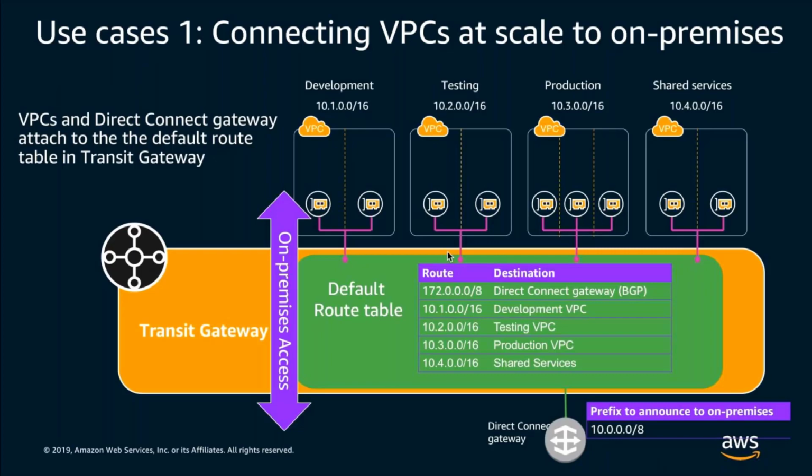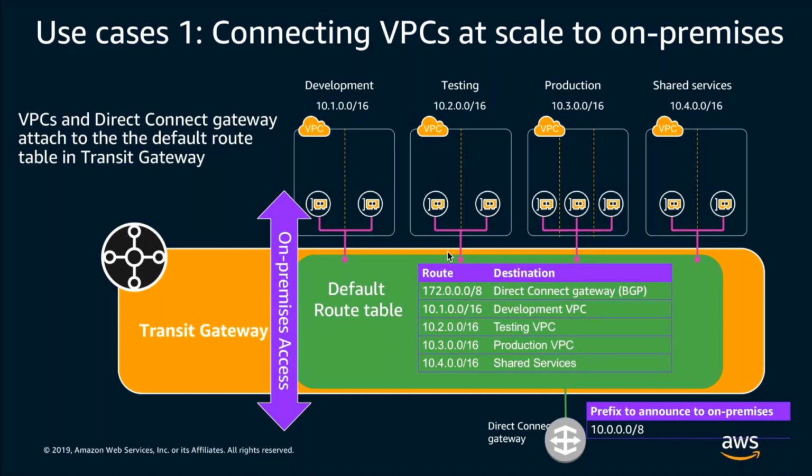So now after you have created your transit gateway, you created your AWS Direct Connect gateway, and you have stitched them together, let's talk about use cases. Here's the most common use case: connecting VPCs at scale to on-prem. In here you have a large number of VPCs, whether you're segmenting your VPCs one per user or one per department, or however you're segmenting your accounts in general.